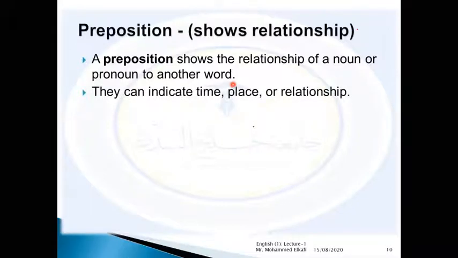They can indicate time or place or relationship. So we can say a preposition can indicate time, place, or relationship between two what?